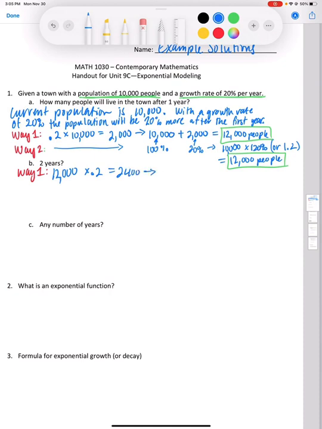Then we add that on to 12,000. And when we do that, we get 14,400 people.